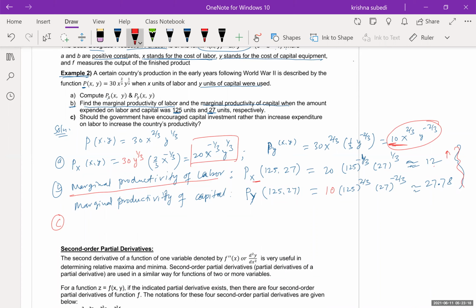Now, if you increase 1 unit of capital, keeping the labor constant, then the production will increase by 27.78 units. So if the country wants to increase the production, then your advice would be what? Increase labor or capital?